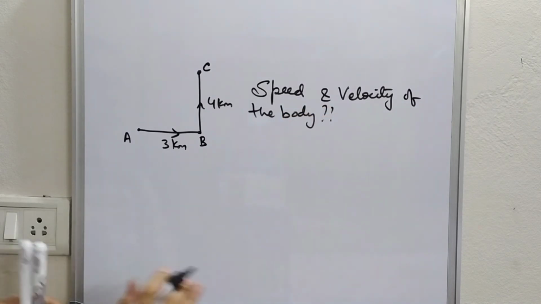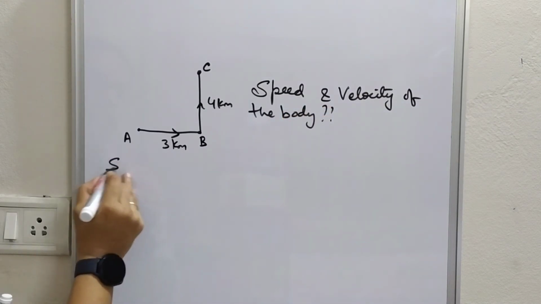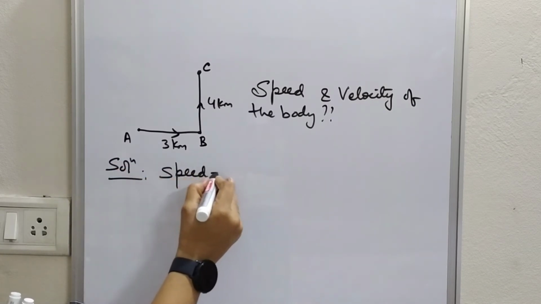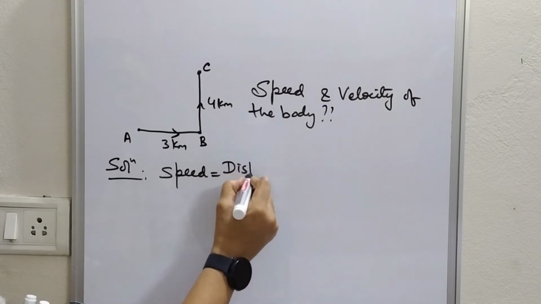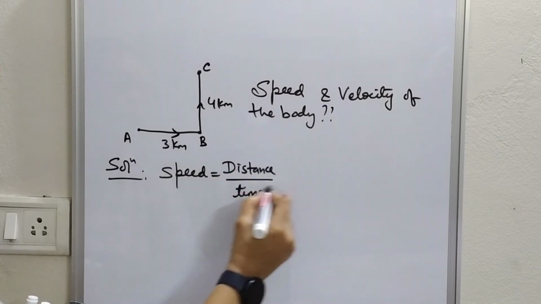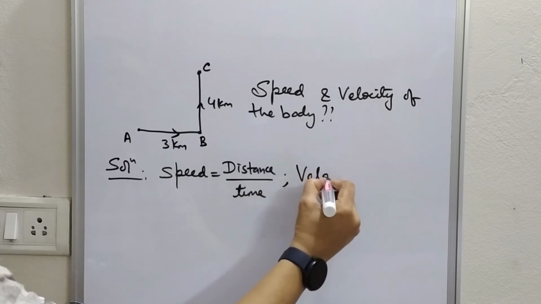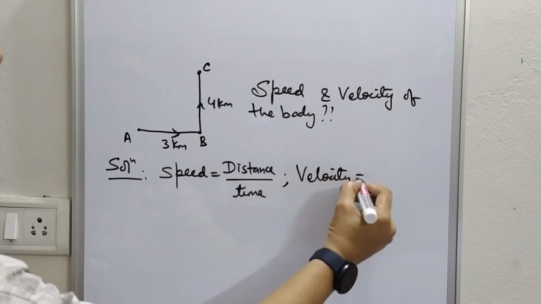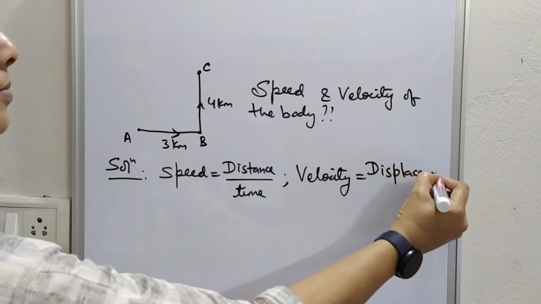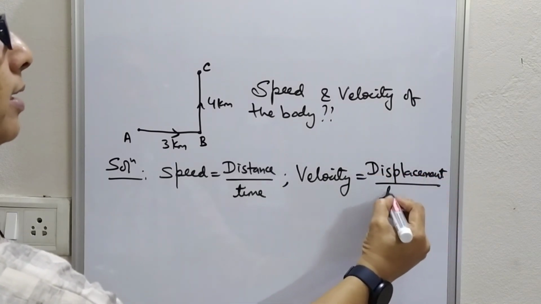So since we have just learnt that speed is distance divided by time and velocity is displacement divided by time.